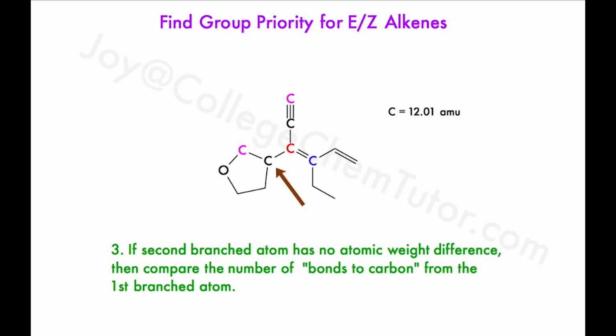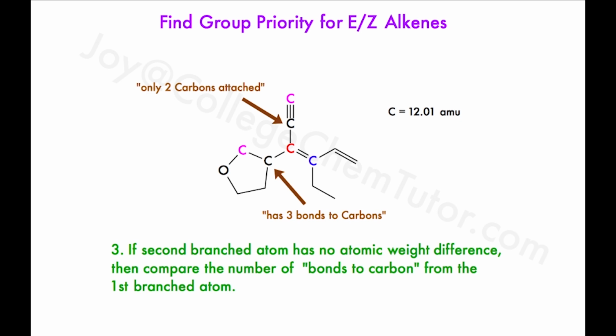So here I have a brown arrow pointing to the original first branched atom, and this one has 3 bonds to carbon, as circled on the screen. Then we look at the other branched atom on the red alkene carbon, and notice for this one, there's only 2 carbons physically attached, which is the pink one and the red one.